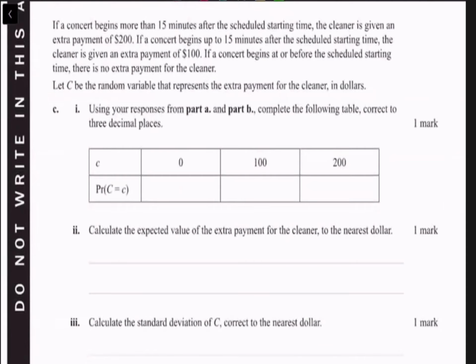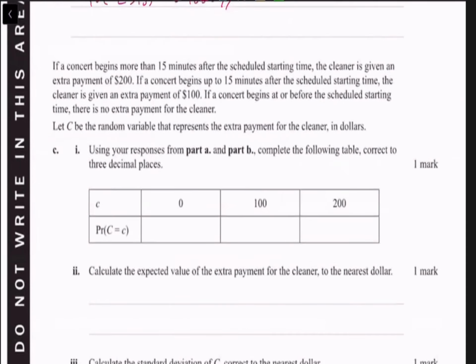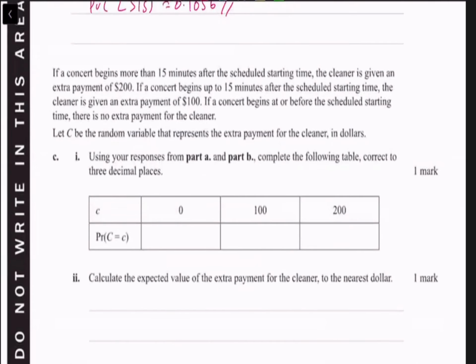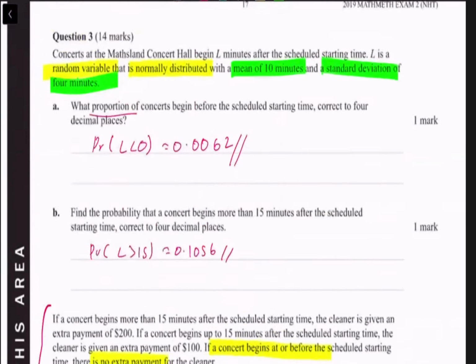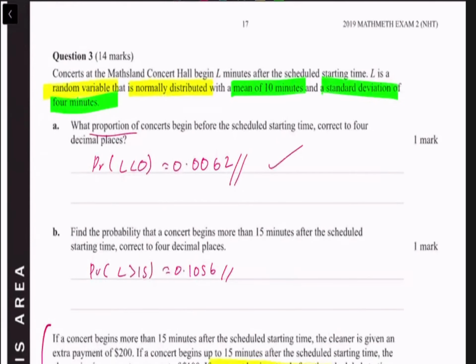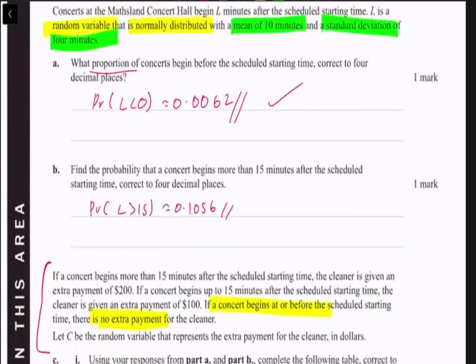So now we have to use our answers from part A and B to complete the following table. From reading this information here, if the person's going to get paid $0, then the concert begins before or at the scheduled starting time, so there's no extra payment. You figured out the probability of it starting on time is this.